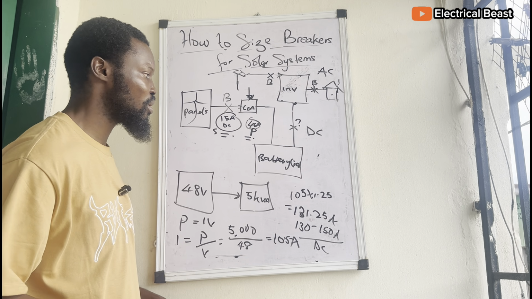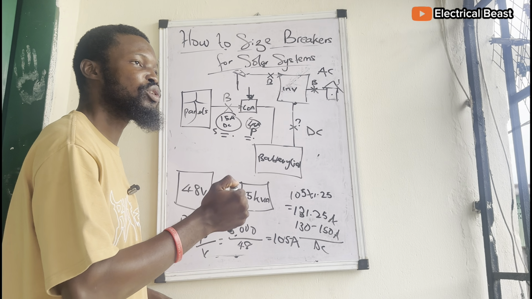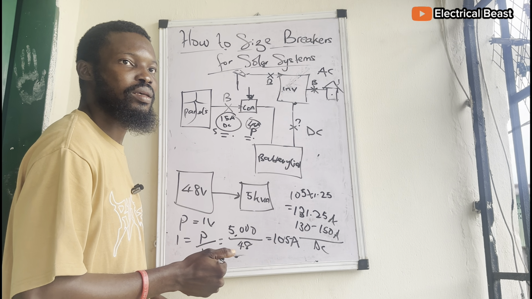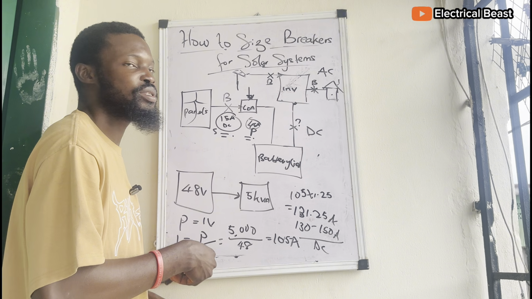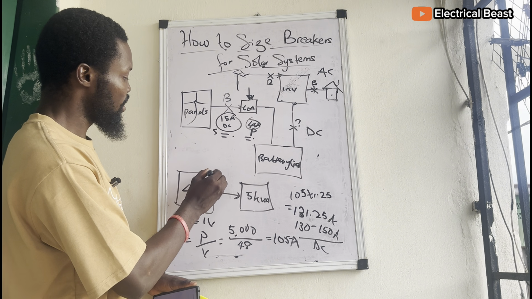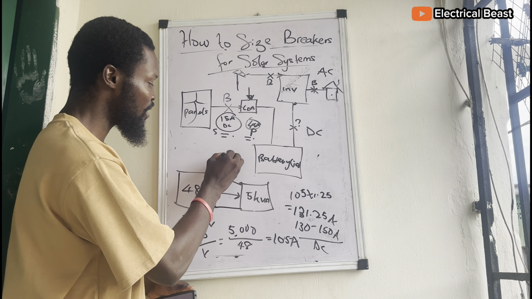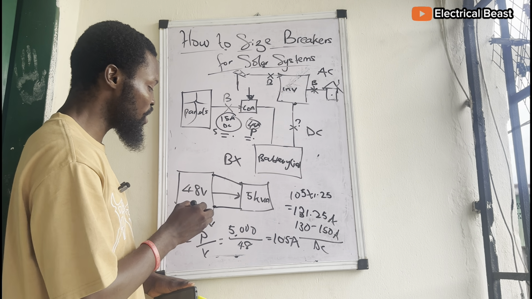It's a very big breaker. The current from this battery to the inverter is very large, potentially a large current. So you need to get a large breaker ready to be used, ready to supply, and ready to also act as a protective device in case of a short circuit. If you connect the battery to the inverter directly without a breaker, what happens when there's a short circuit?